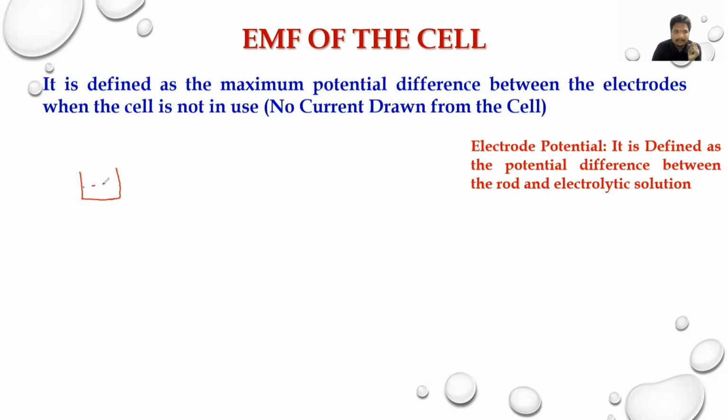Here this is my electrolyte solution, let us consider it is A. A+ is converted into A, and B+ is converted into B. This is the metal rod. Here this is another container containing electrolyte and electrode. These are connected through a.